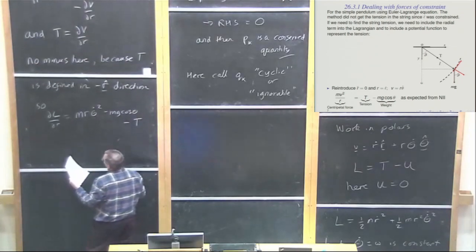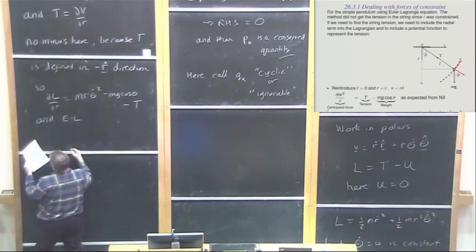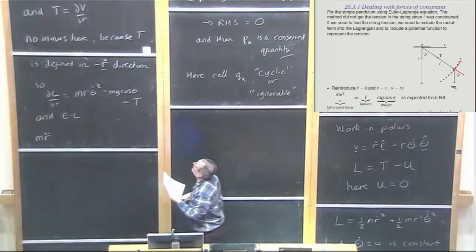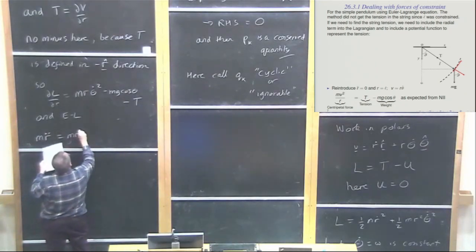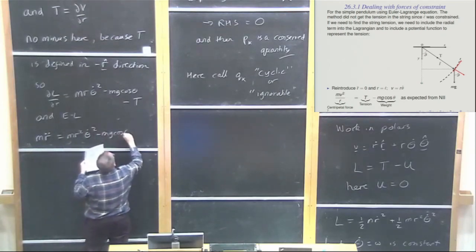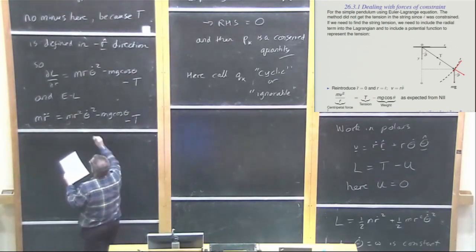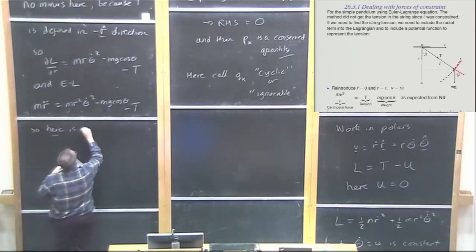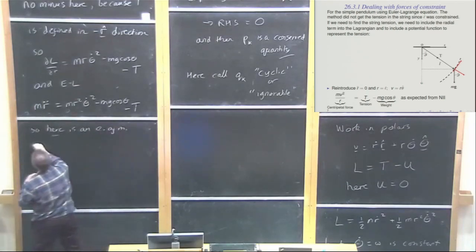And the Euler-Lagrange equation will tell me that mR double dot, which is the d by dt of dL by dR dot, is equal to all of this. So let me write this out yet again: theta dot squared minus mg cosine theta minus T. So here is an equation of motion involving T, which is great.